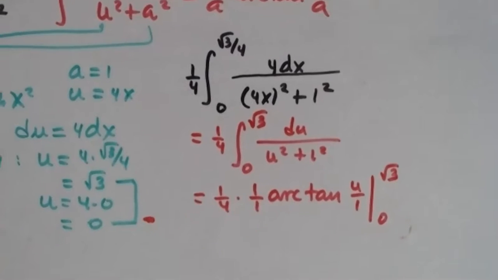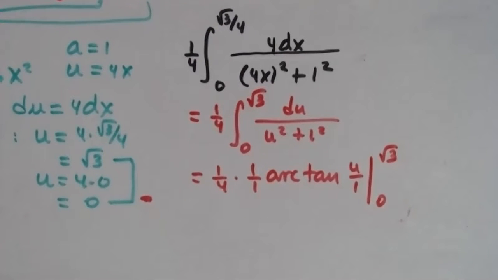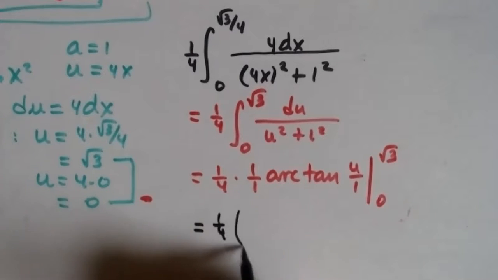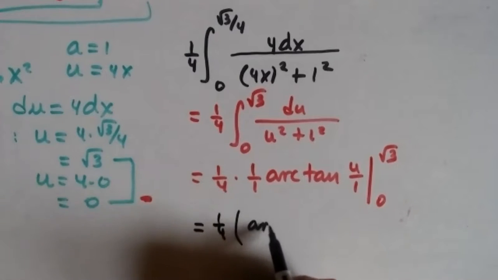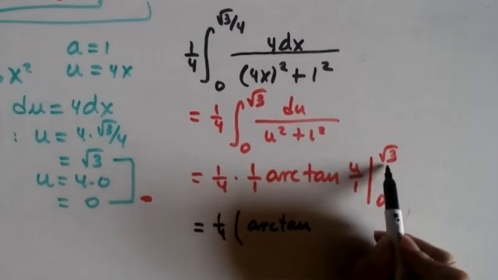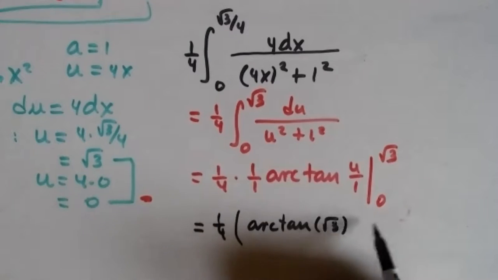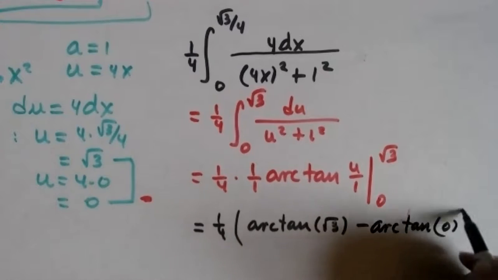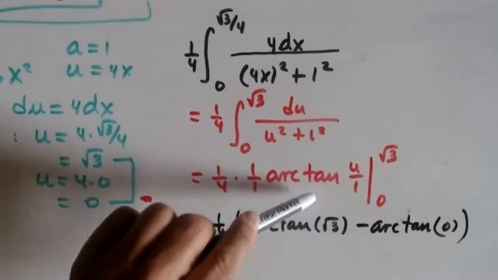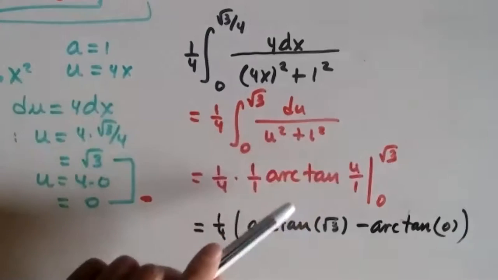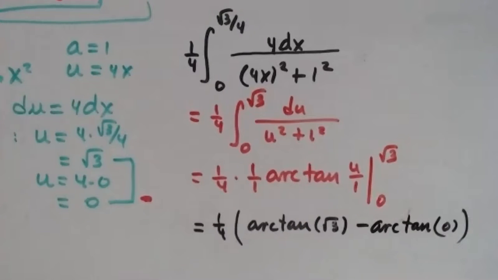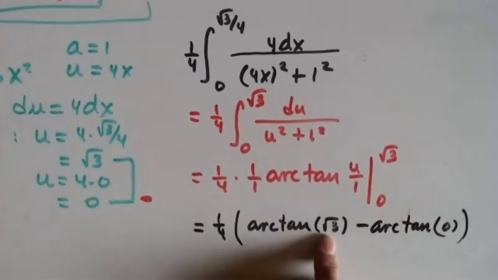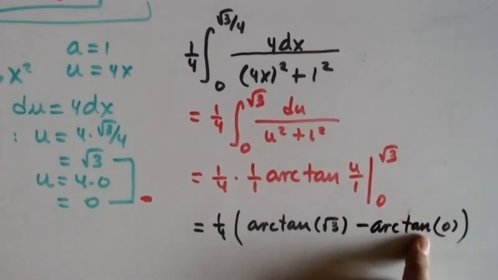Okay? Well, I have to do my algebra. My algebra is no problem. So I have 1/4 parentheses the arc tangent of the square root of 3 minus the arc tangent of 0. So the antiderivative evaluated here minus the antiderivative evaluated here. Now, I have to remember what angle has tangent equals the square root of 3 and what angle has tangent equals 0.